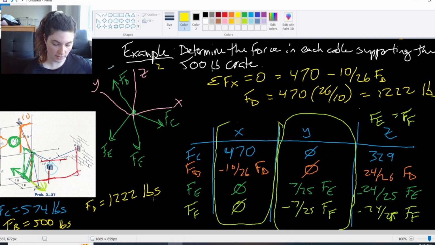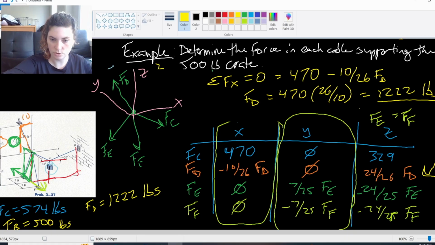So now I've got FD, which I can plug into my chart if I so desire, right? I can say now, plug into my calculator, 1,222 times 24 over 26 gives me this value. Go ahead and put this in this orange here.